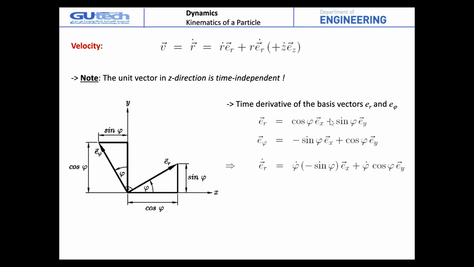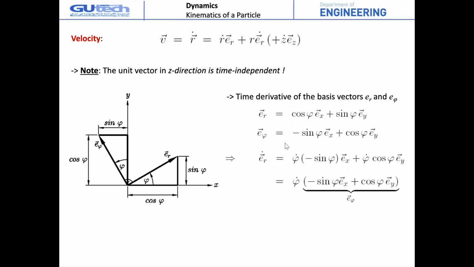As we said, cosine phi depends on phi, and phi depends on time. Then we have phi dot minus sine phi in x direction, and for sine phi we have phi dot cosine phi in y direction.